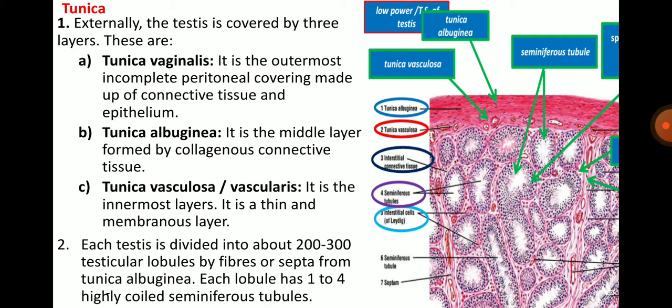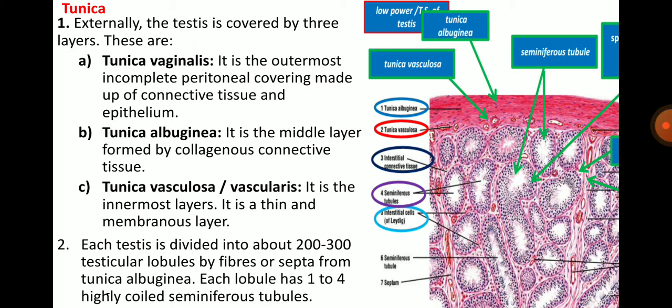The bases of the pyramids face outward, that is the periphery, and their apices are at the mediastinum. As I said, the septa do not form a complete partition, and the lobules meet each other in many places.